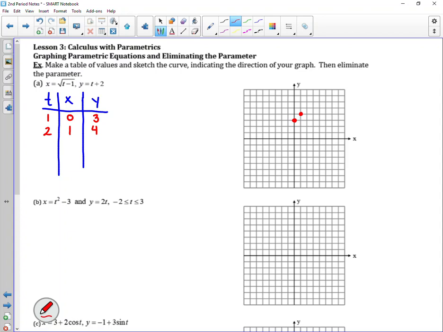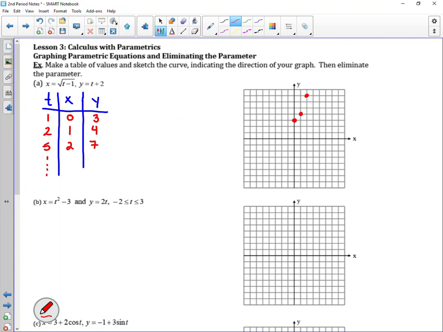And then at t equals, give me another number, 5. At t equals 5, x is 2, and y is 7. So we're at 2, 7. And then I think after that we go off the graph.